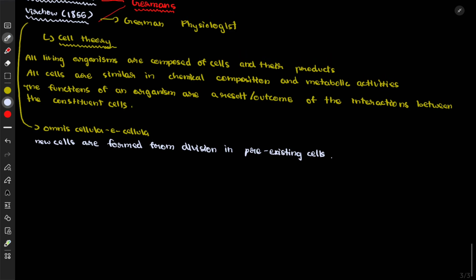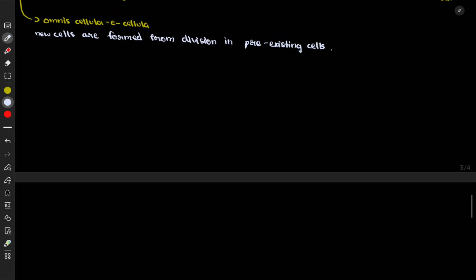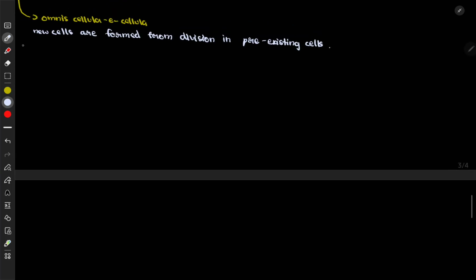After all of this, we have our last scientists, whose names are Knoll and Ruska, in the period of 1932. What did Knoll and Ruska do? They were from Germany.